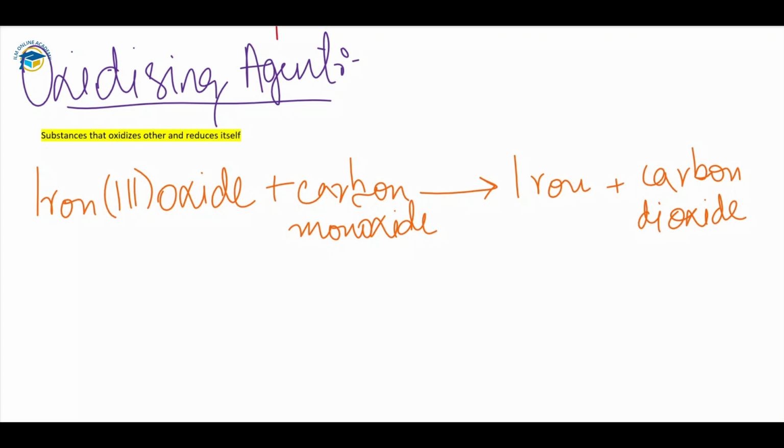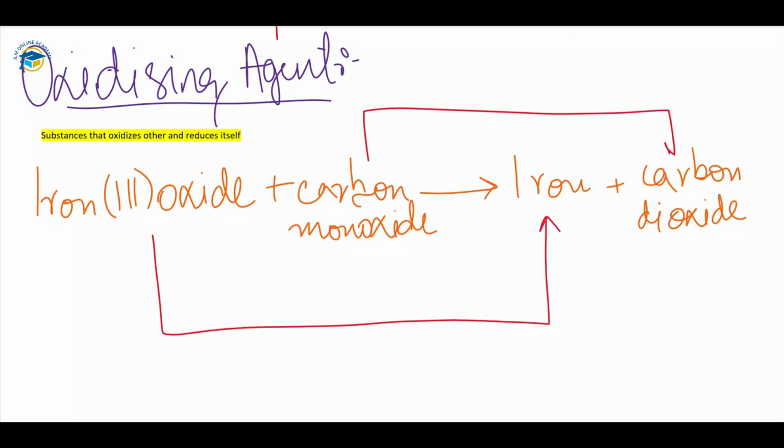You can see here iron oxide is converted into iron metal, and carbon monoxide is converted into carbon dioxide. So carbon monoxide here removes the oxygen from the iron oxide, and carbon monoxide here is the reducing agent.